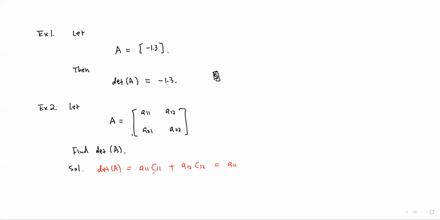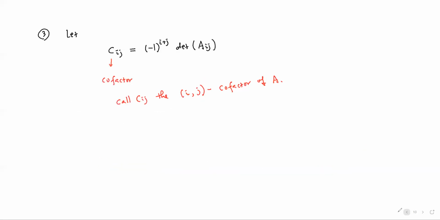What is C11? Go back to the notation. C11 is equal to negative 1 to the 1 plus 1 times the determinant of capital A11.